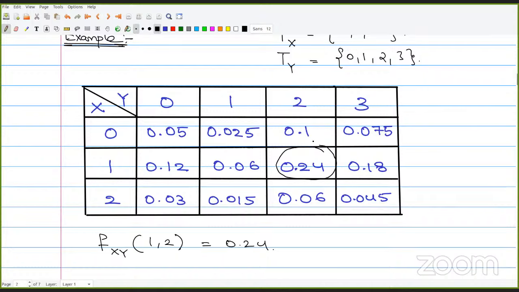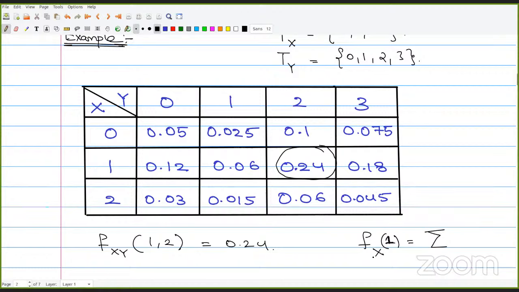Now if a question is given on marginals and conditionals, what will you do? What is the marginal PMF value of fx of 1? What should we do? Sum all the values: 0.12 plus 0.06 plus 0.24 plus 0.18, which is 0.6.